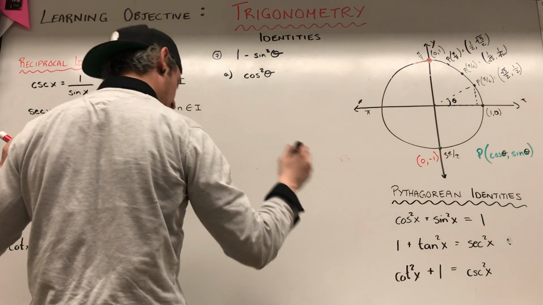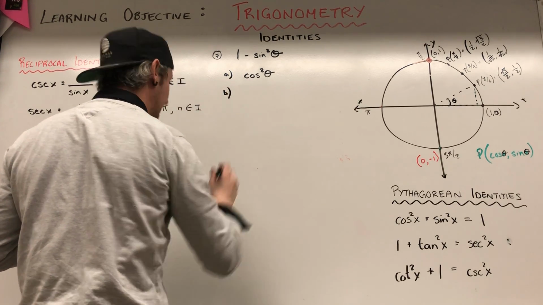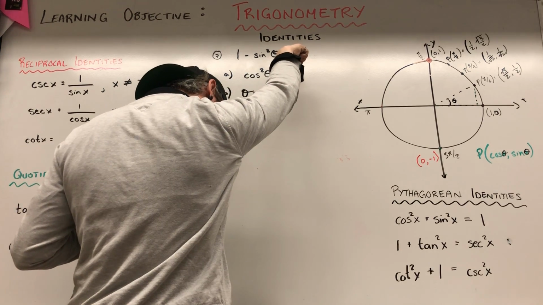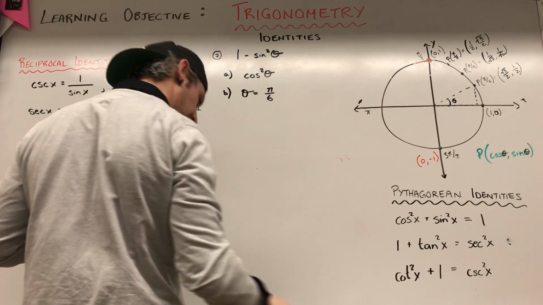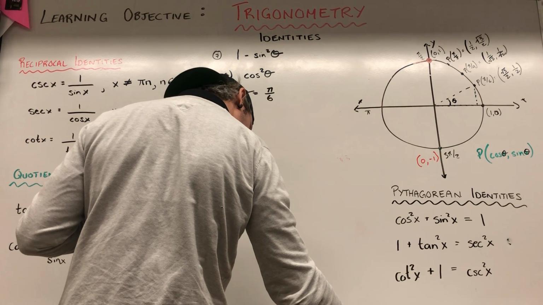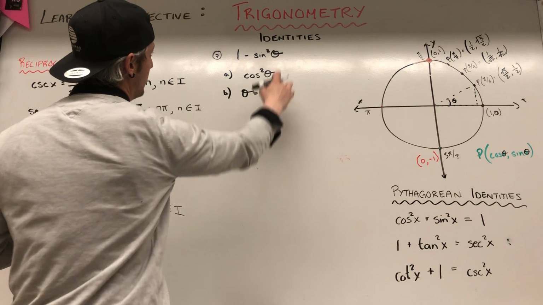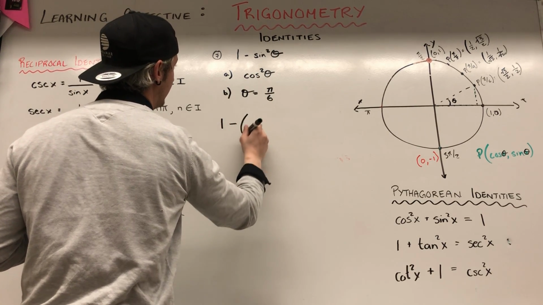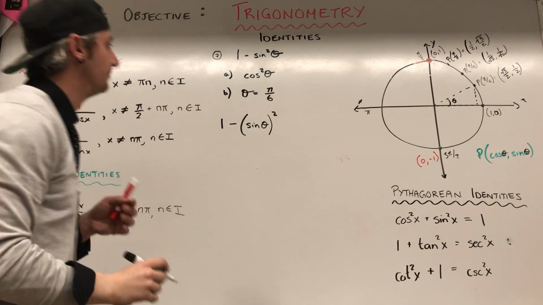That was A. B, they ask, what fraction of light is lost when theta is equal to pi over 6? So this expression was the amount of light lost, the decrease. So let's evaluate that equation at pi over 6. To do that, it's going to be 1 minus sine squared of theta, which is the same as sine theta squared.